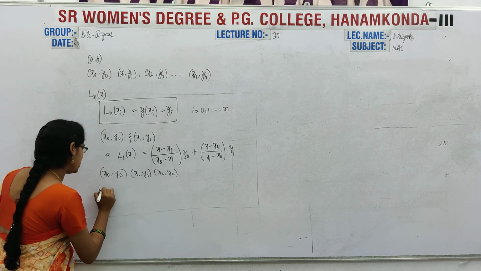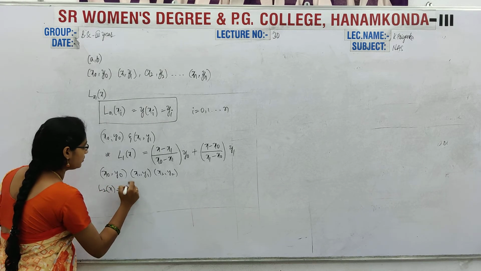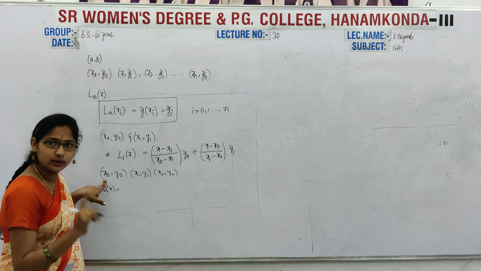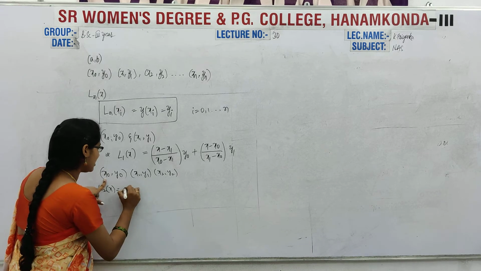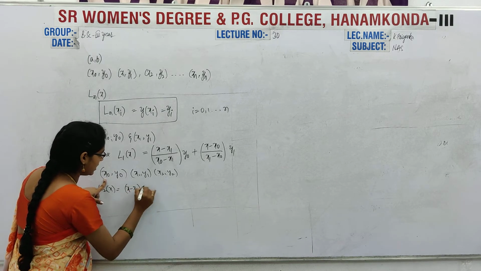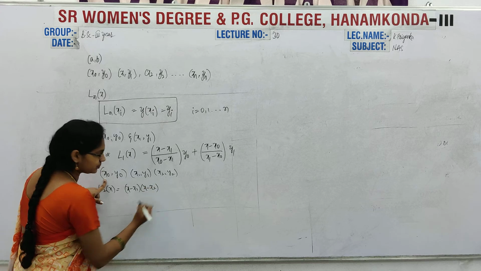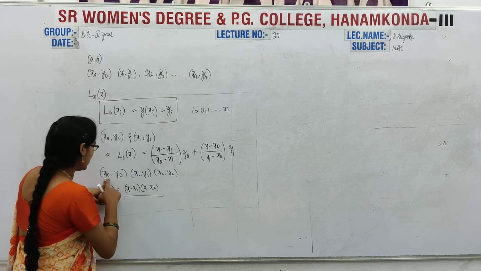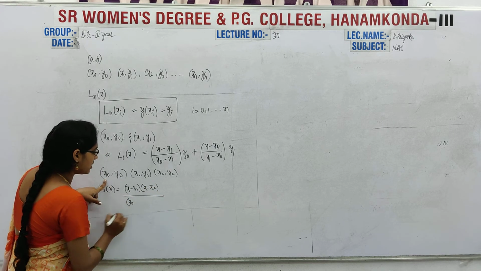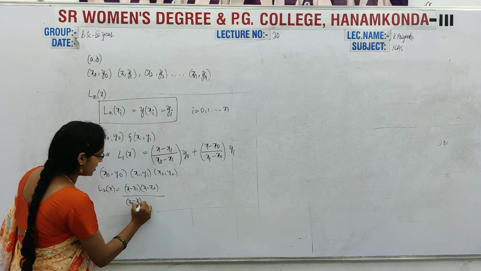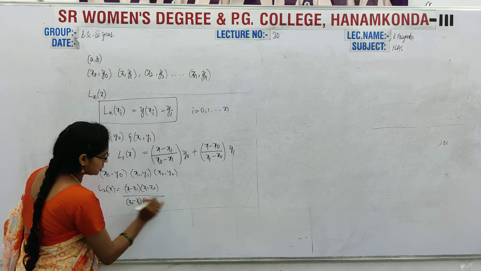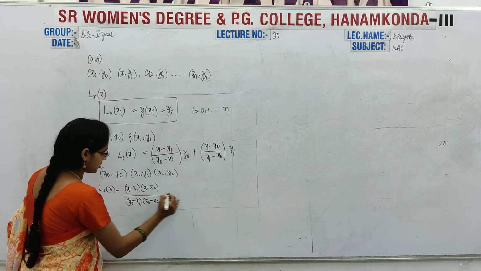That means L2 of x is equal to, for the first one we ignore x0 and the remaining values are x minus x1 into x minus x2 by x0 minus x1, x0 minus x2 into y0.